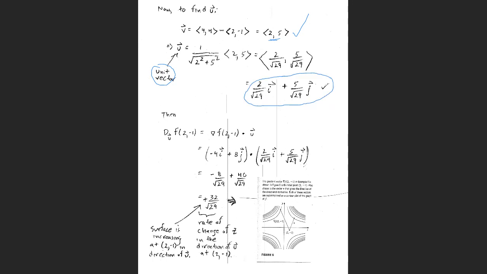A lot of times students will forget to get the unit vector. They'll find the vector in the direction, they'll get the right direction, but they have to then find the unit vector in that direction. And then you just compute the directional derivative.